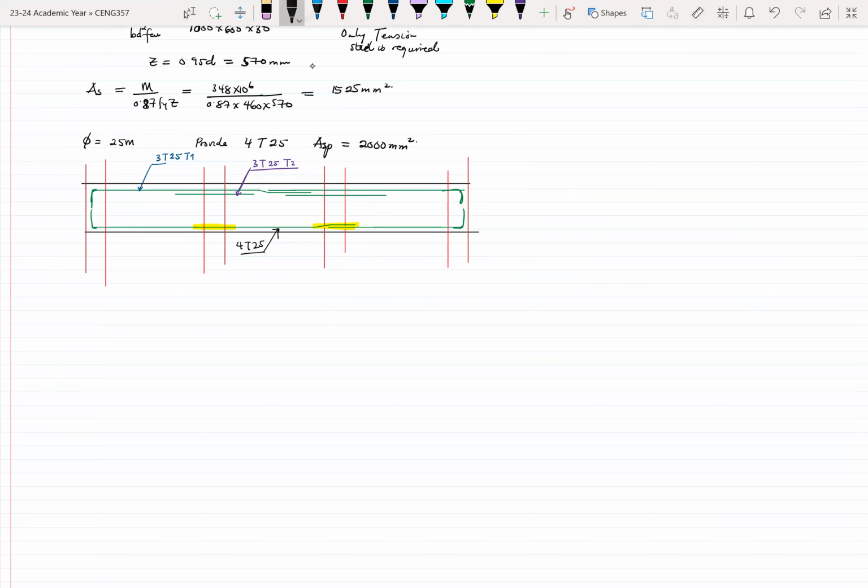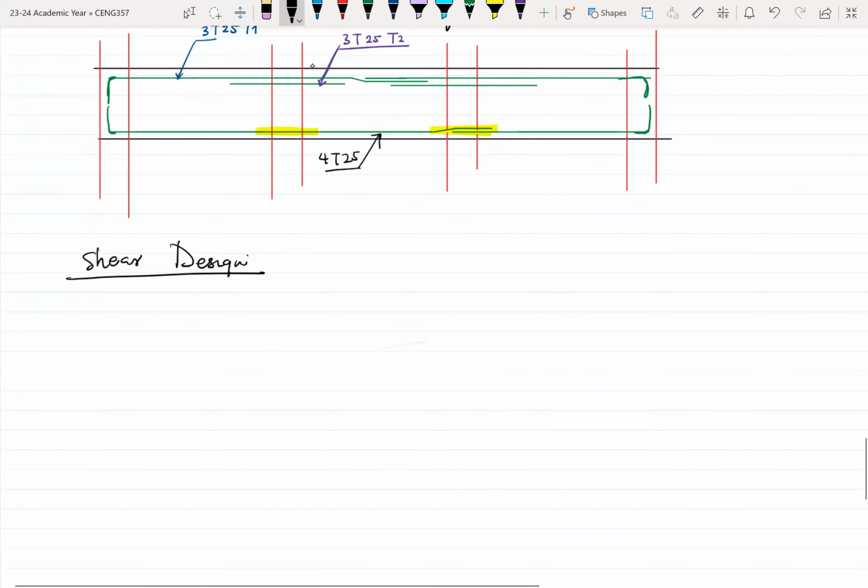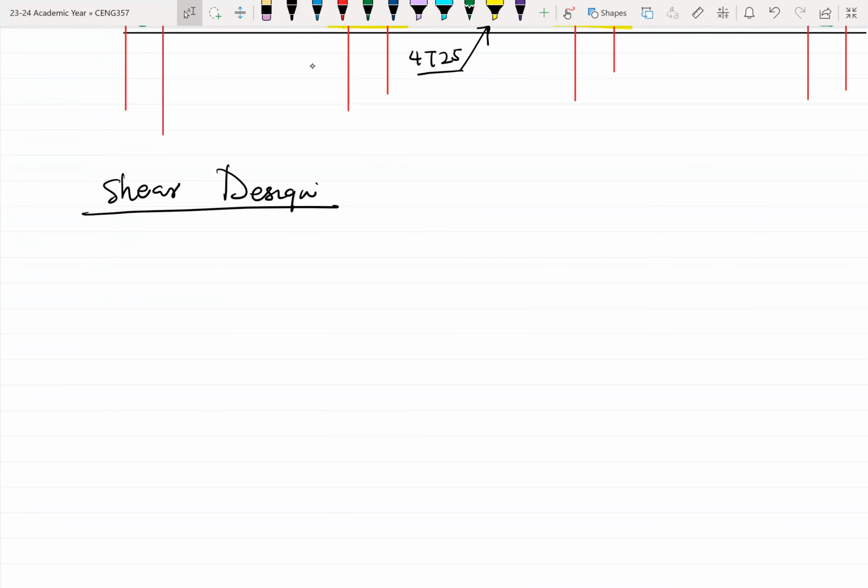That takes us a bit more time. So for shear design, there are a few things that we need to find. We need to check the maximum shear stress. So check for maximum shear stress.